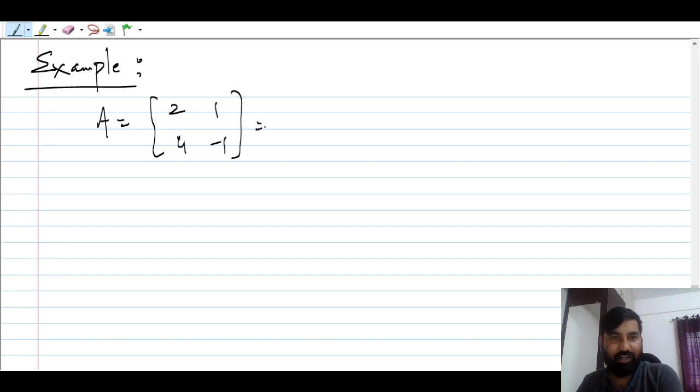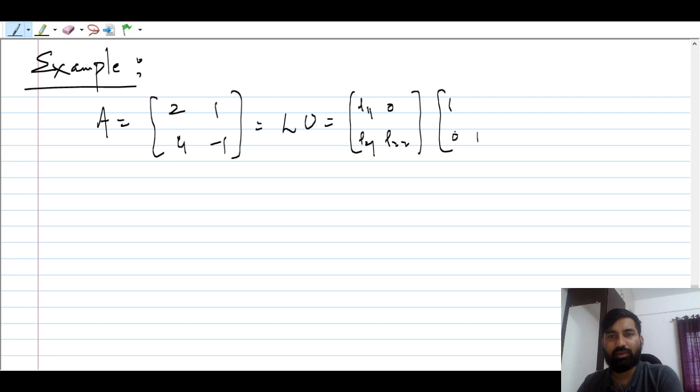So you can write this as LU, where L is L11, 0, L21, L22. You have to remember this: if you write the L matrix like this, then you write the upper triangular matrix like this. This is the first step. The next step is to multiply.